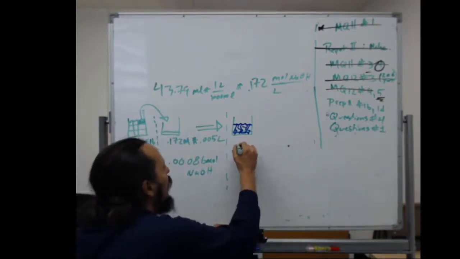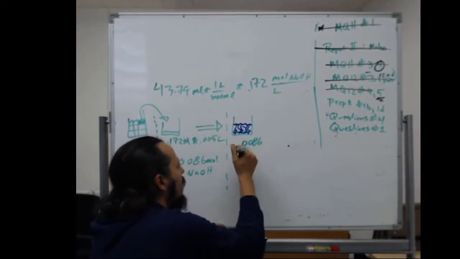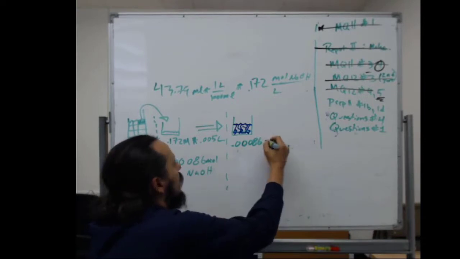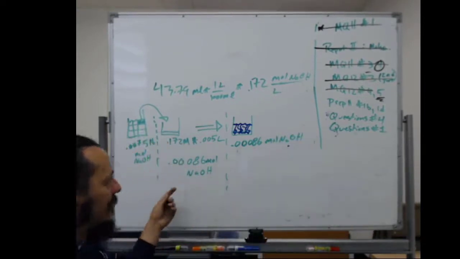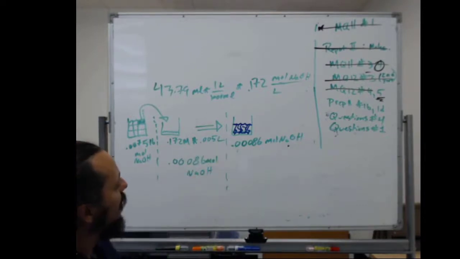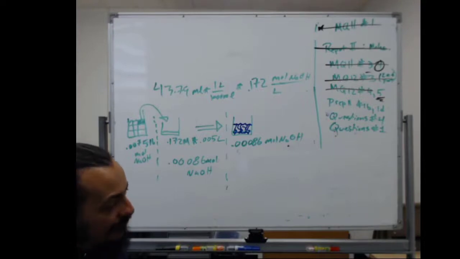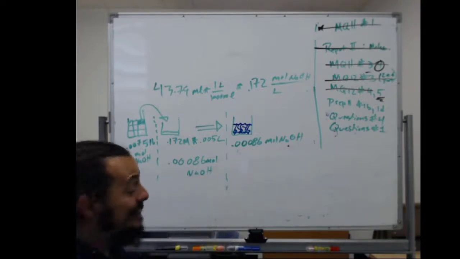So my moles of sodium hydroxide is going to be the same, except I forgot a 0. Just adding water doesn't change the amount of sodium hydroxide that's there. But while the number of moles doesn't change, the total volume does.